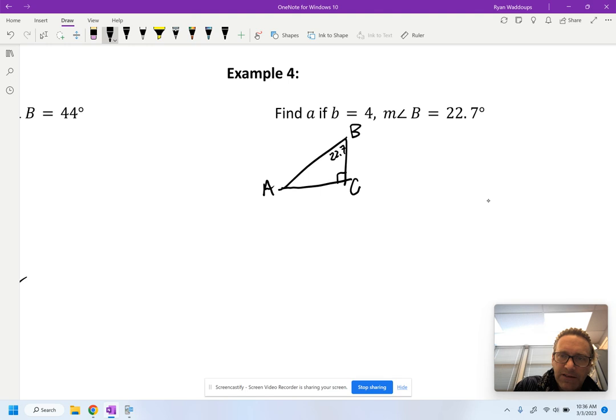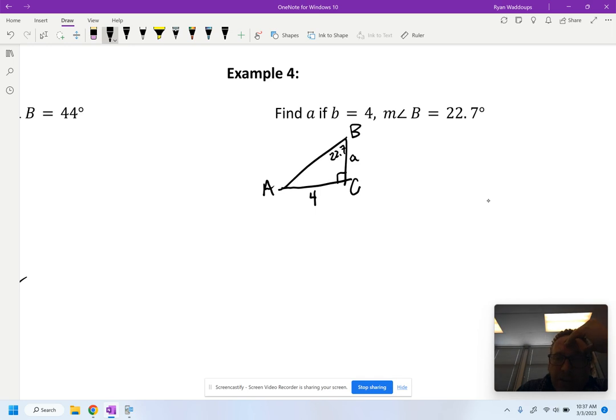Opposite big B is little b, and that's 4. And it's asking us to find a, which is opposite angle A. So this is little a. And now we need to label the sides as being opposite, adjacent, or hypotenuse. And the hypotenuse is this one that we're not concerned with, so I'm not going to even label it, just so that we can focus on the ones that we do have.